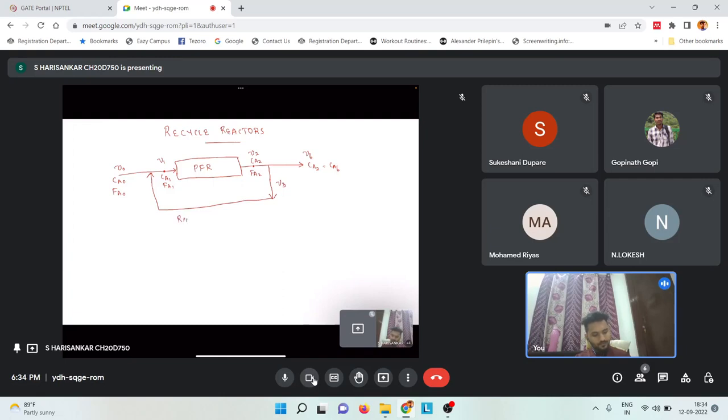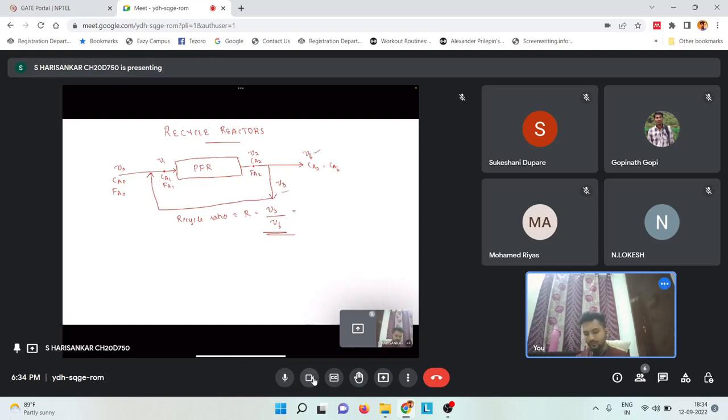Then the recycle ratio is equal to R, which is basically nu 3 by nu F. So this is called the recycle ratio, or basically the flow rate of the recycle part divided by the final flow rate. That is called the recycle ratio for a recycle reactor.